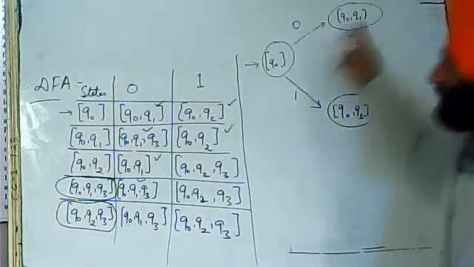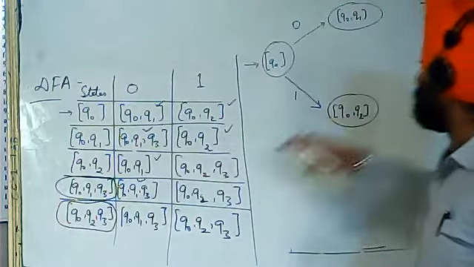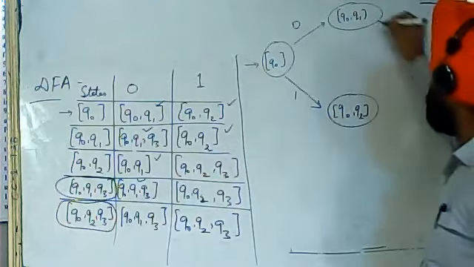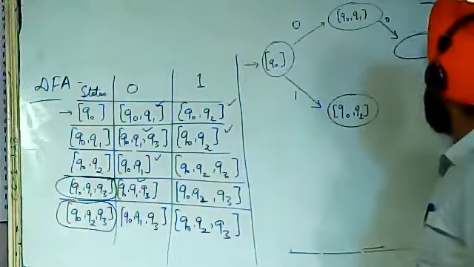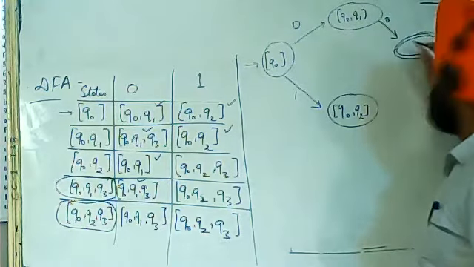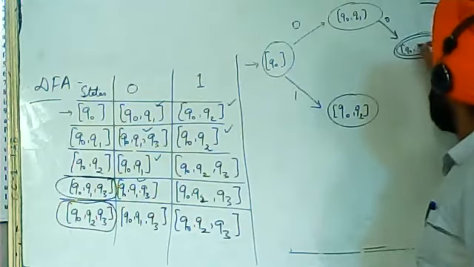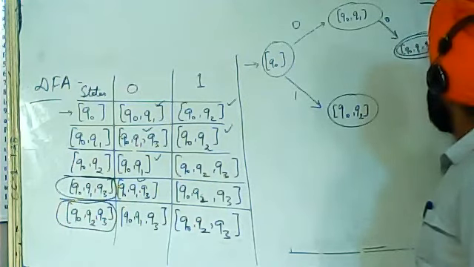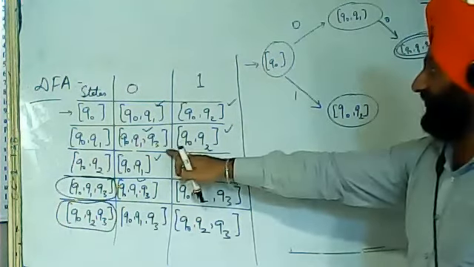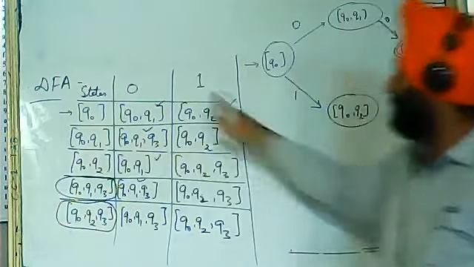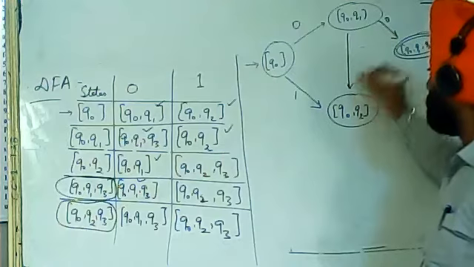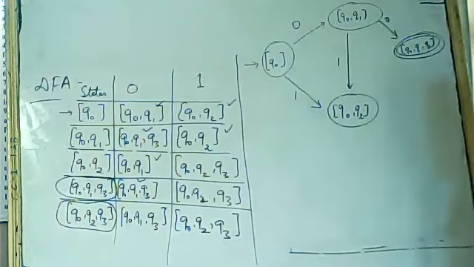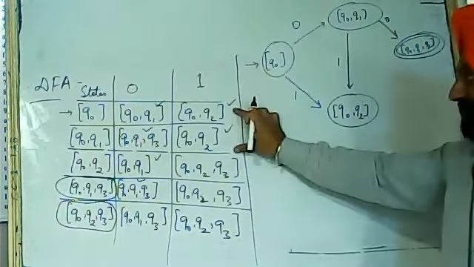Next, [q0, q1] upon the processing of 0 is going to this final state, so double circle [q0, q1, q3]. [q0, q1] upon the processing of 1 is going to this state. So these two rows have been completed.